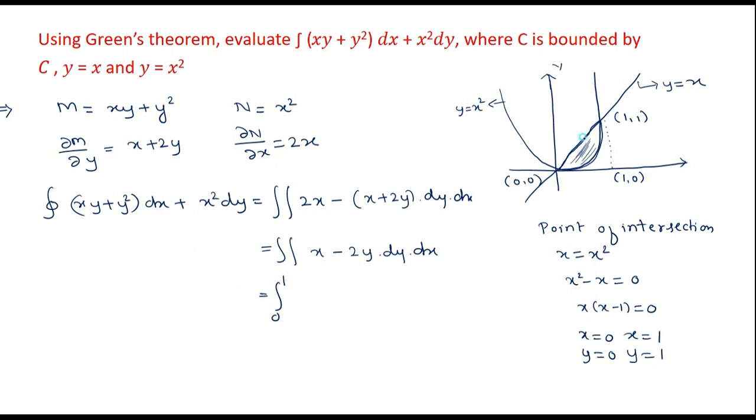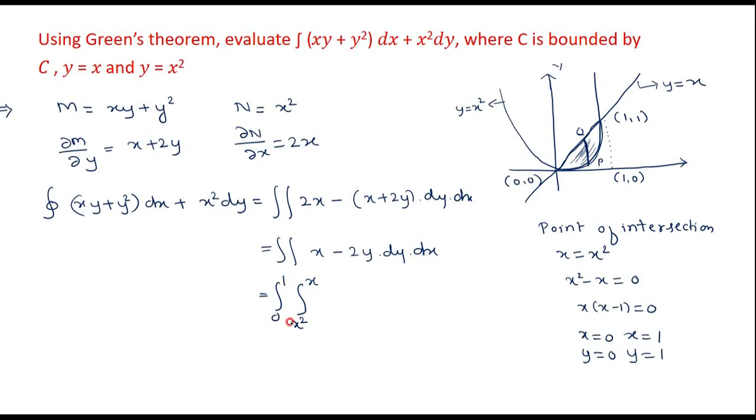Now to evaluate, take a vertical strip here, PQ. At the point P, which is on the parabola y is equal to x square, the lower limit for y is x square. Any y on this line is given by x.